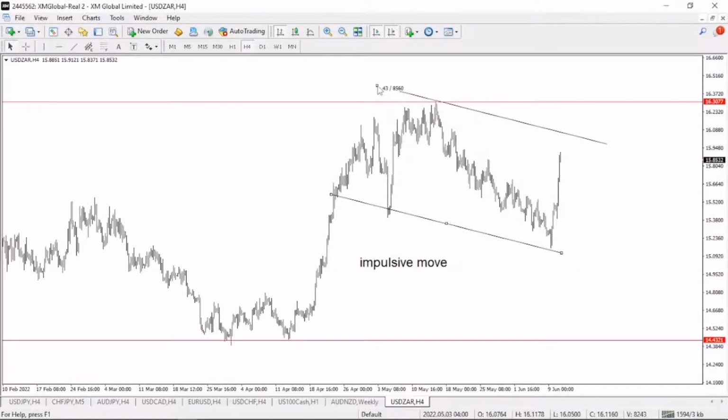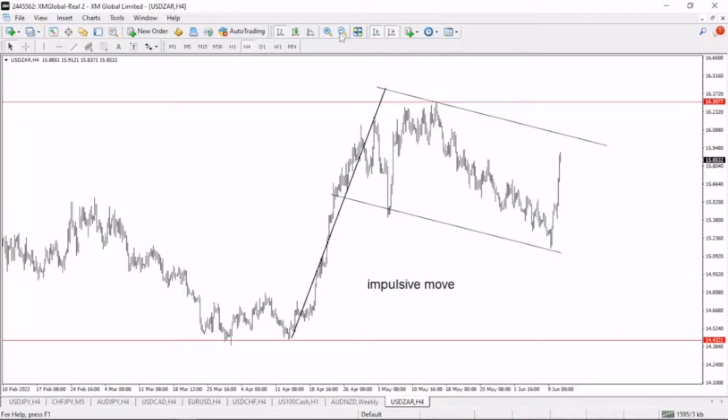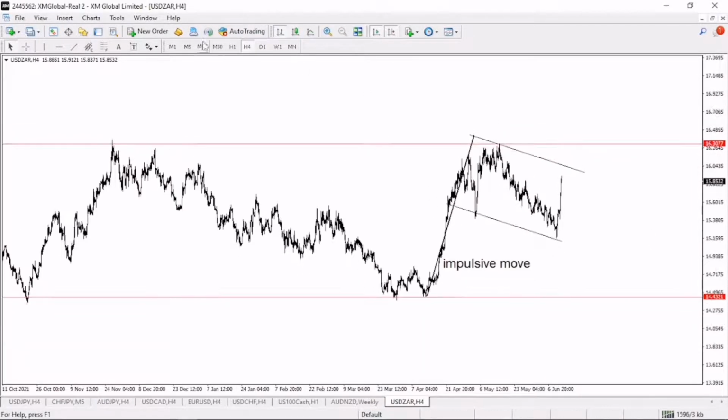That gave us a clear indication that the market is willing to go up. As you can see, we had an impulsive move, so you can expect the same distance from our impulsive move to extend to another impulsive move after the channel.